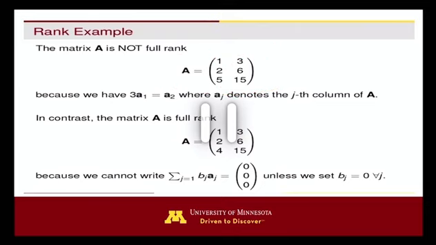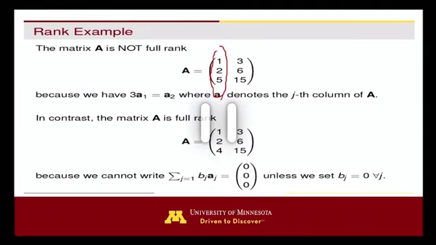Take a look at this one. If you look at the first column, 1, 2, 5. If I do something to the first column and it automatically gives me the second column, then they are linearly dependent.